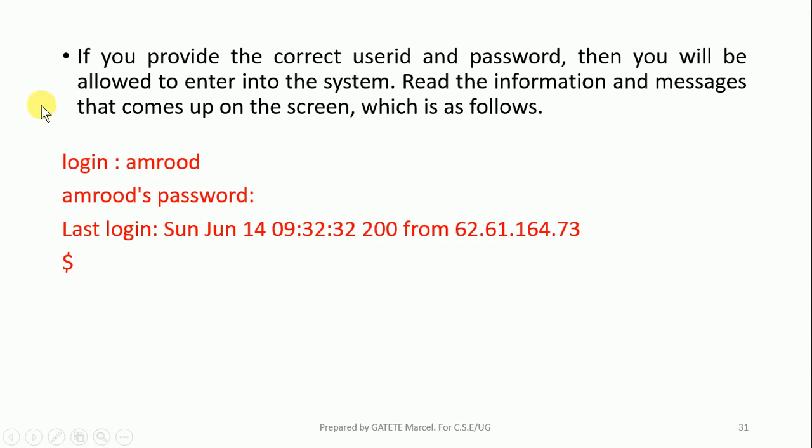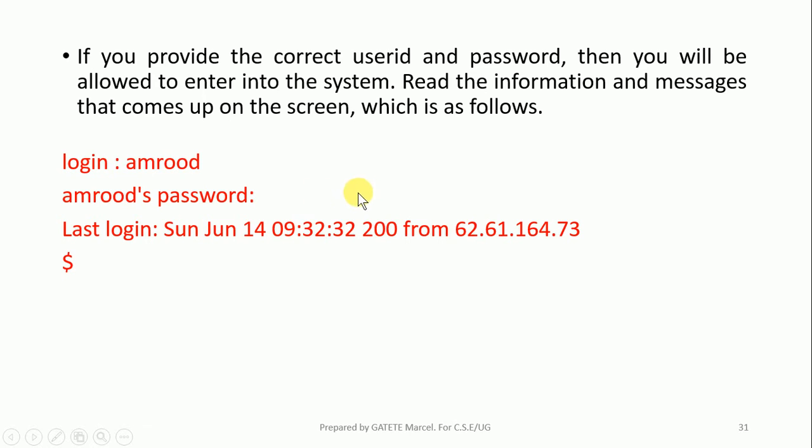You have to first check the information, the message that comes to the screen. So the login is Amrod. This is the username, and it will ask you for the Amrod password. You will type the password. The password will be hidden.